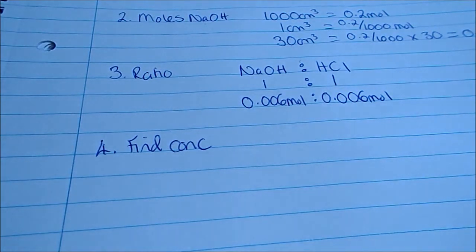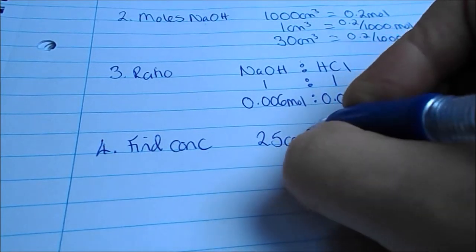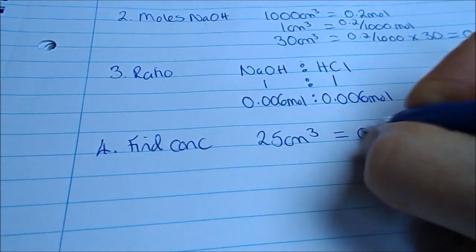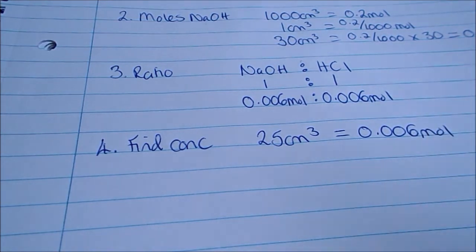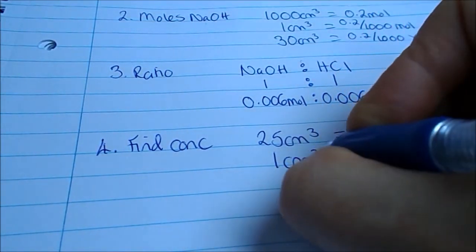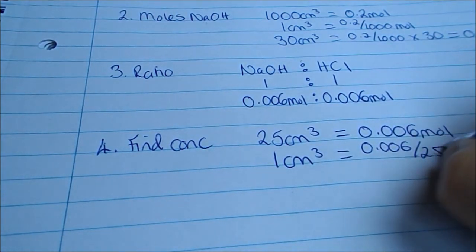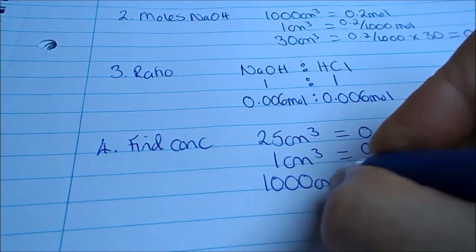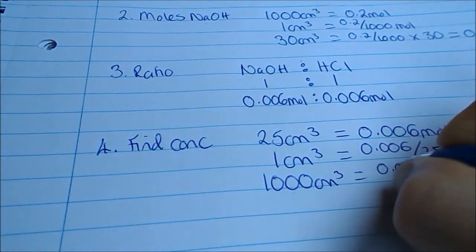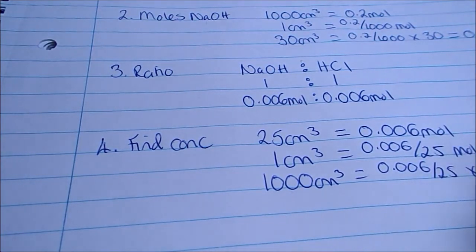So find the concentration now. We know that in 25 centimetres cubed of hydrochloric acid that we used in the reaction, we had the 0.006 moles that we've just calculated. So if we had 1 centimetre cubed, we'll have 0.006 over 25 moles. And if we've got 1,000 centimetres cubed, we've got 0.006 over 25 times by 1,000.